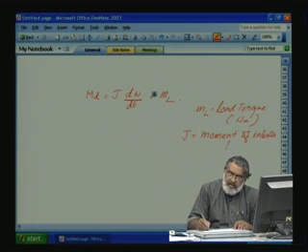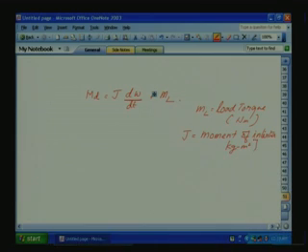This will be kilogram meter square unit. Omega is angular velocity in radians per second. Okay. This is MD.